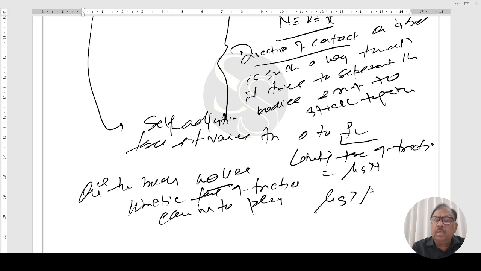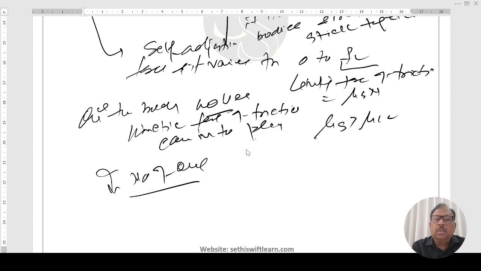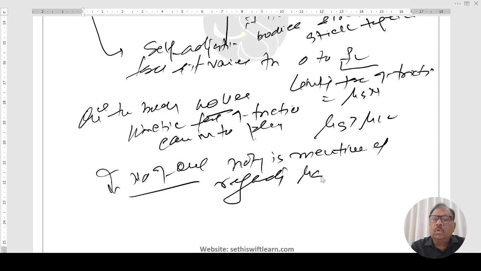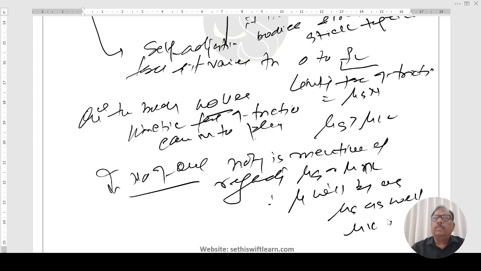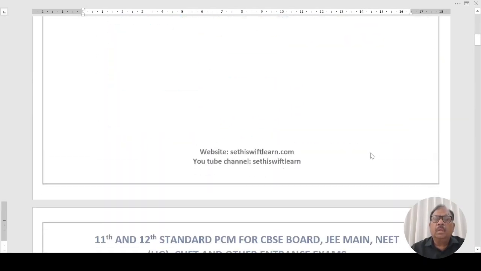µs is greater than µk. In a number of questions, nothing is mentioned regarding µs or µk, then µ will be considered as µs as well as µk, that is, µs equal to µk, right?